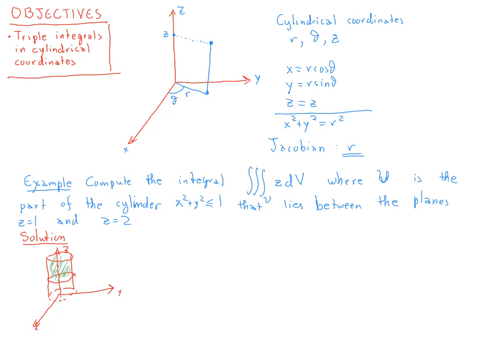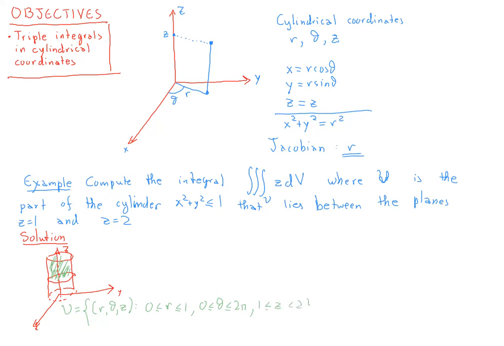This is the part that we're interested in, and we could write U to be all the r, thetas and z's, such that, let's think about it. If you project this onto the xy plane, you get a disk, the unit disk actually. So r is between 0 and 1, and theta is between 0 and 2 pi, and z is going to be between 1 and 2.